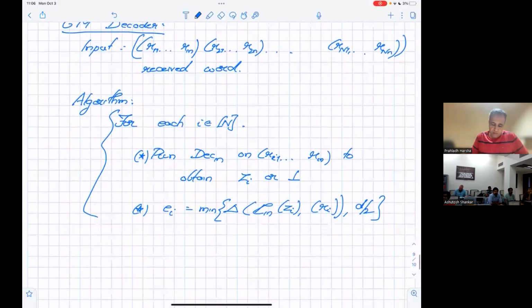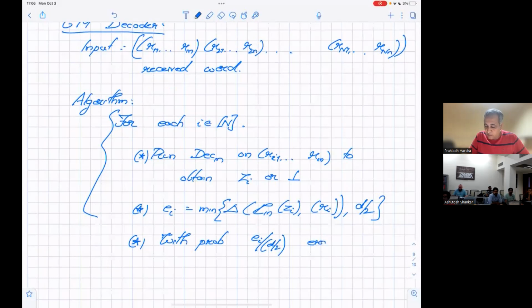Now, what I'm going to do is, with probability E_i by d by 2, erase Z_i. Otherwise, retain Z_i.